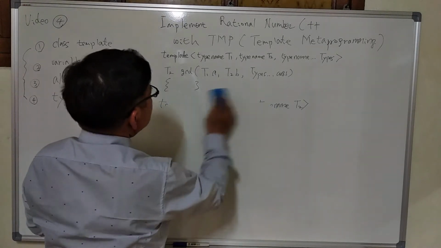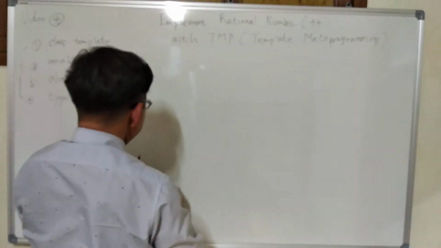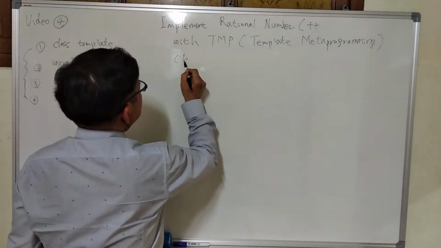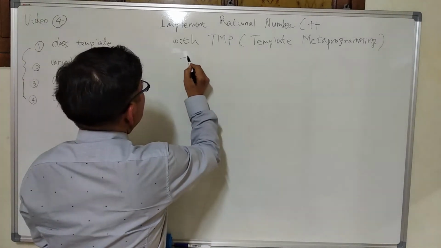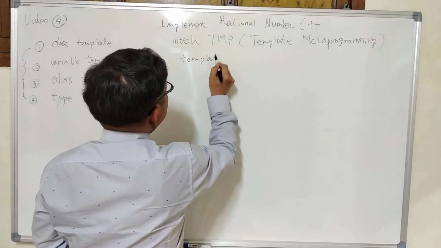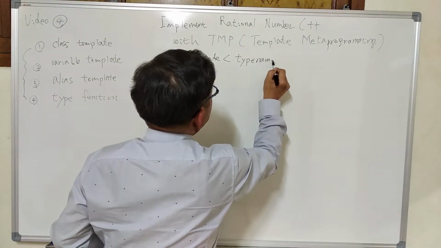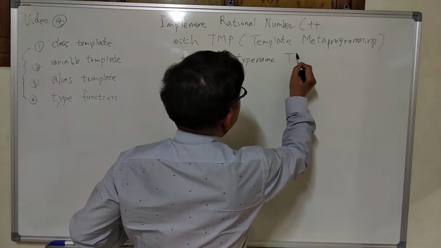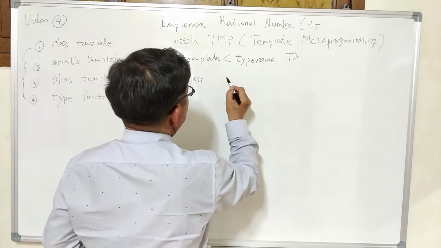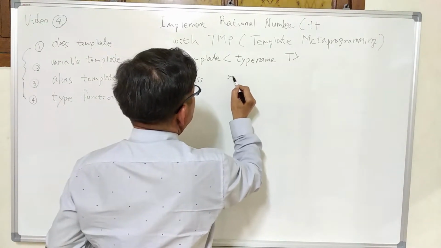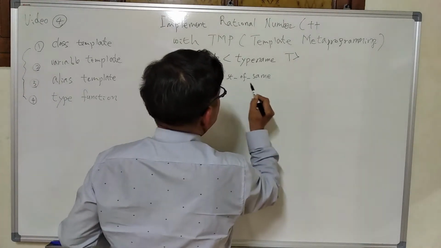For class template, we define class template like this. Template, typename, we introduce type name parameter, for example, T, then class or struct, class name, for example, ST or same type.